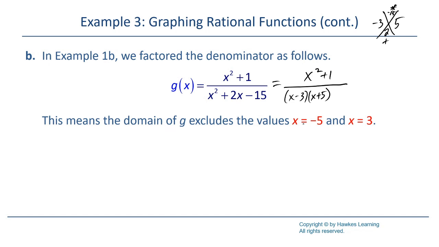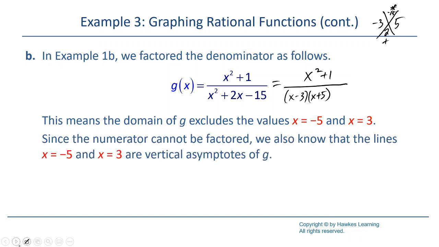So this means that we exclude negative 5 and 3. So our domain is negative infinity to negative 5, union negative 5 to 3, union 3 to infinity.